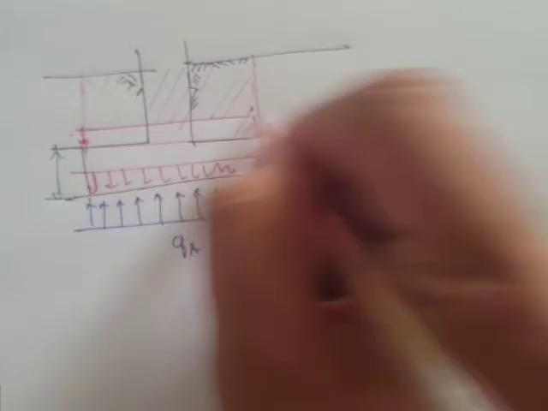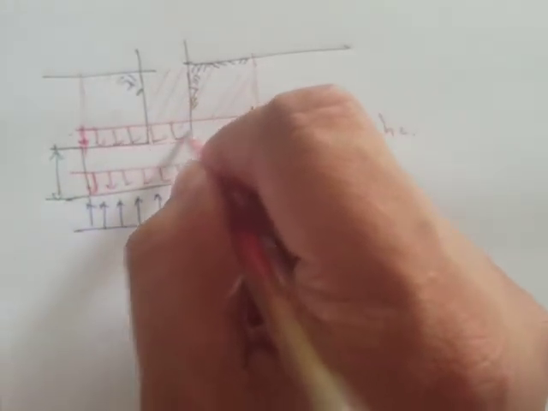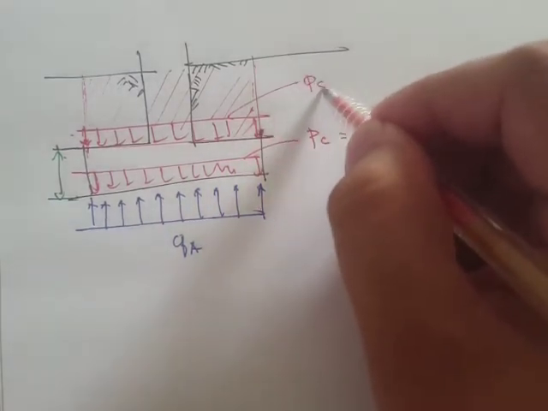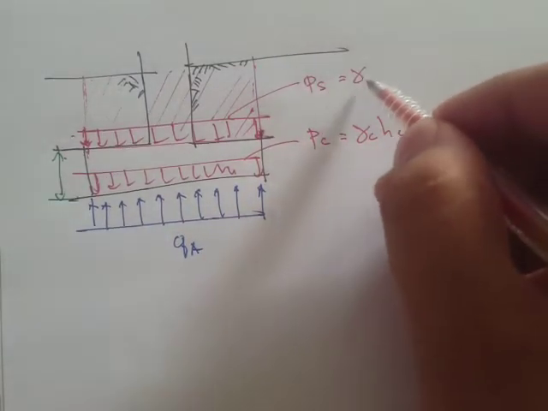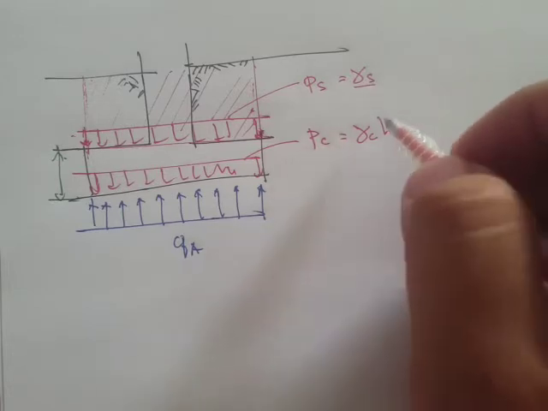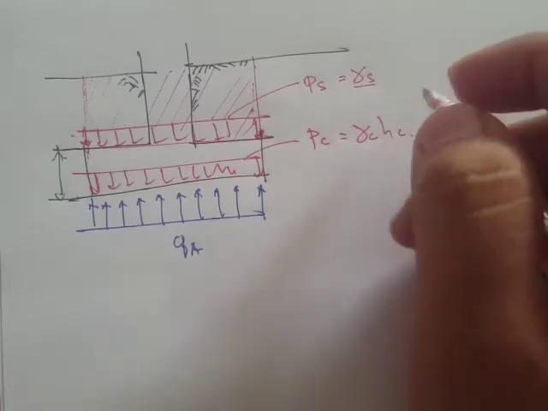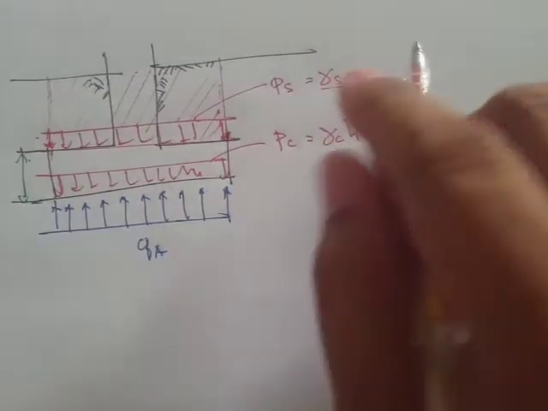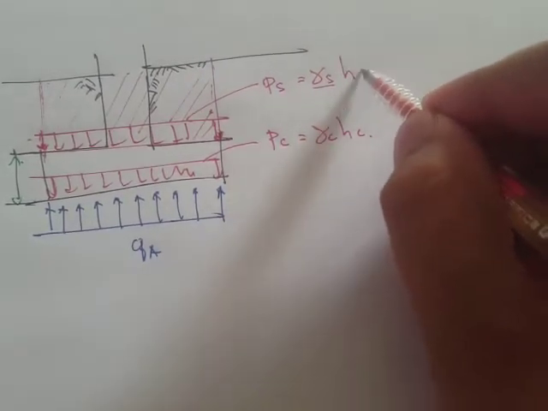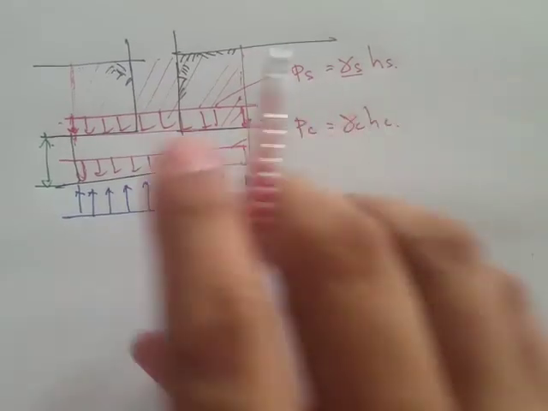Let's say this is the distribution. So P sub S is equal to the unit weight of soil times the height of the soil above the footing. By the way, the unit weights of soil and concrete can be obtained from data.